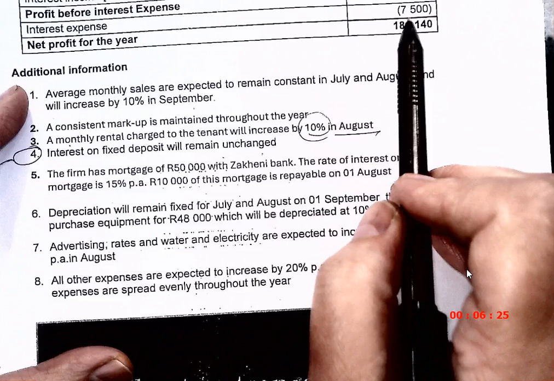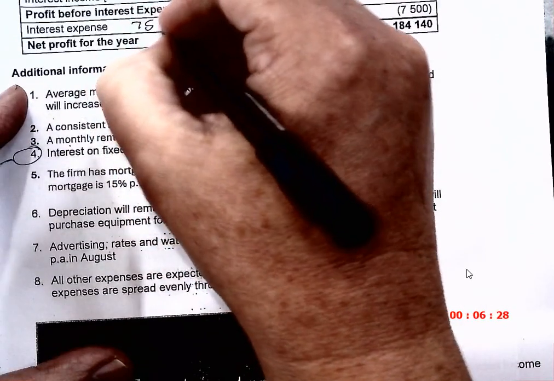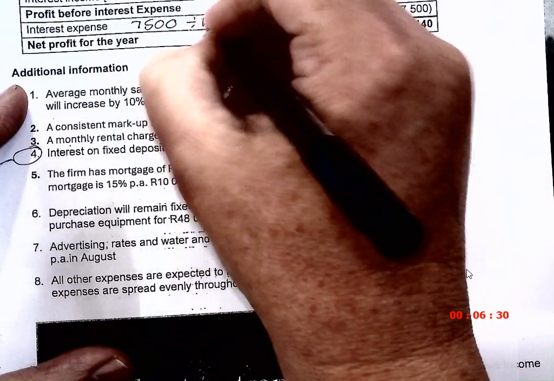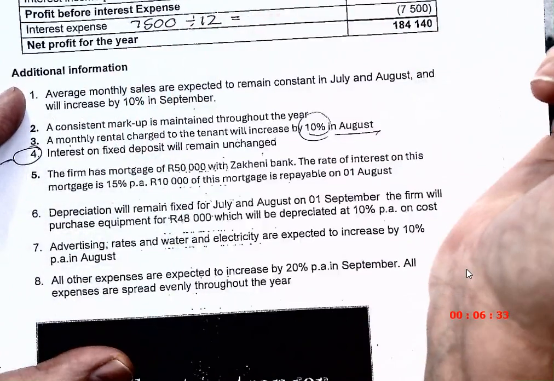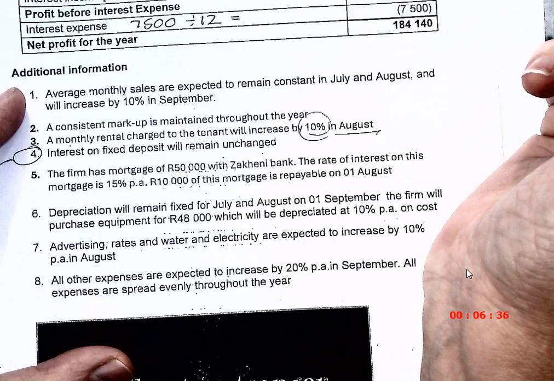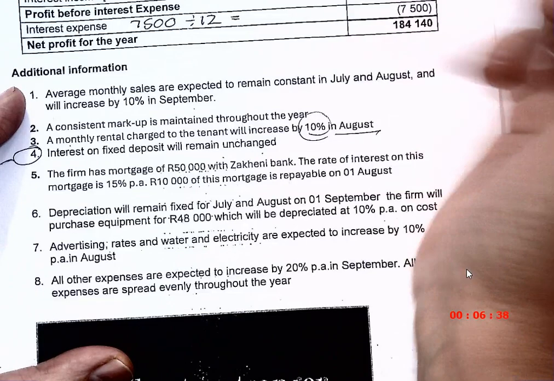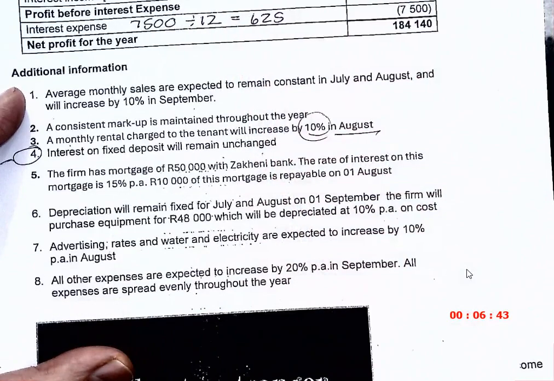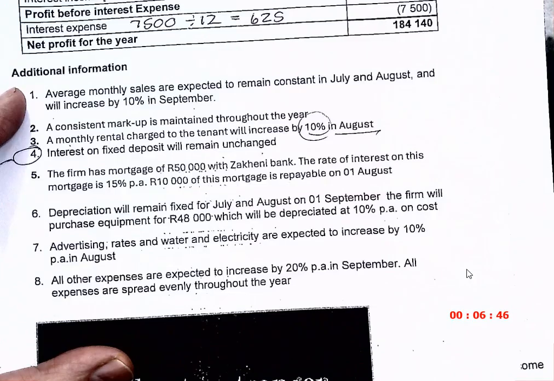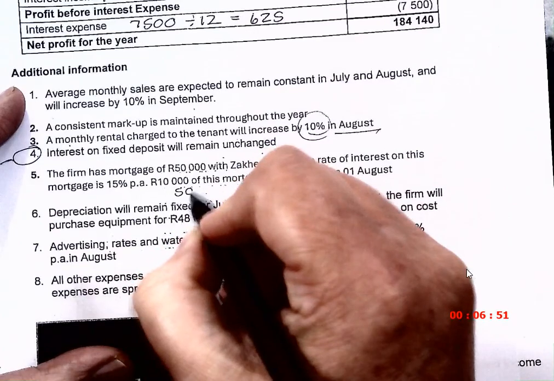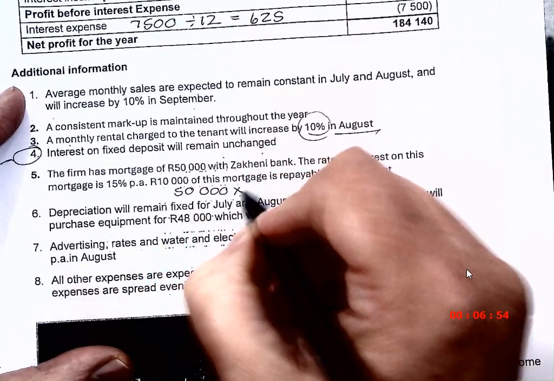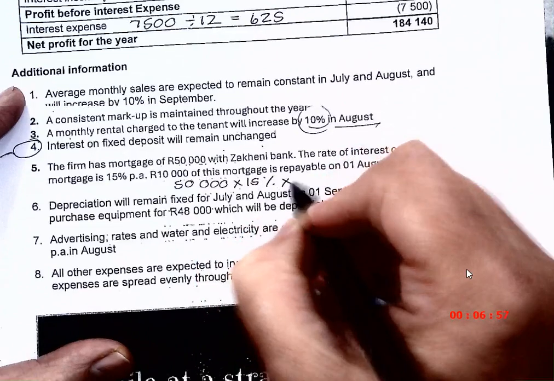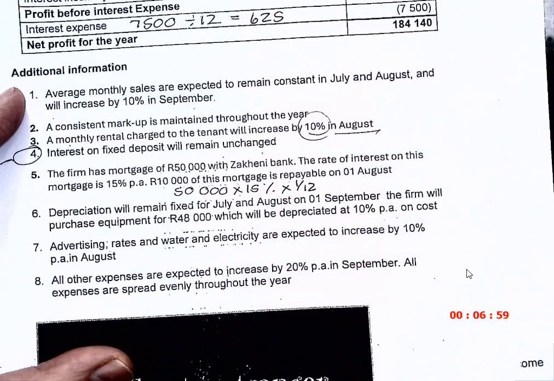So I look here, 7.5 divided by 12 gives me what? 625. Another way to do it is to say 50,000 times 15% for 1 month. Okay, then I'll also get 625.